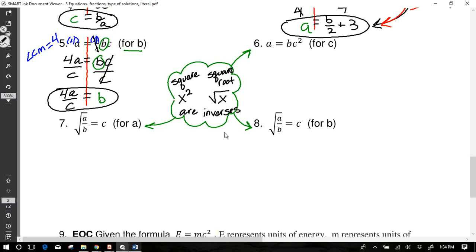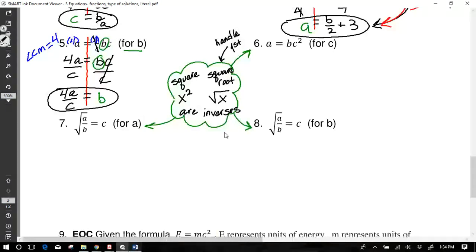Okay, now whenever we see a problem that has a square root in it, we will have to handle that square root first. Handle first.